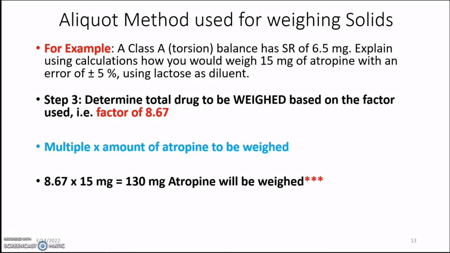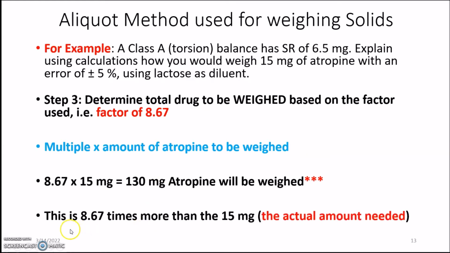So if we are weighing 130 milligrams of atropine, then the atropine is going to be mixed with a diluent to get a total mixture, and that mixture too is also going to be 8.67 times more than the 15 milligrams that I actually need based on the factor.